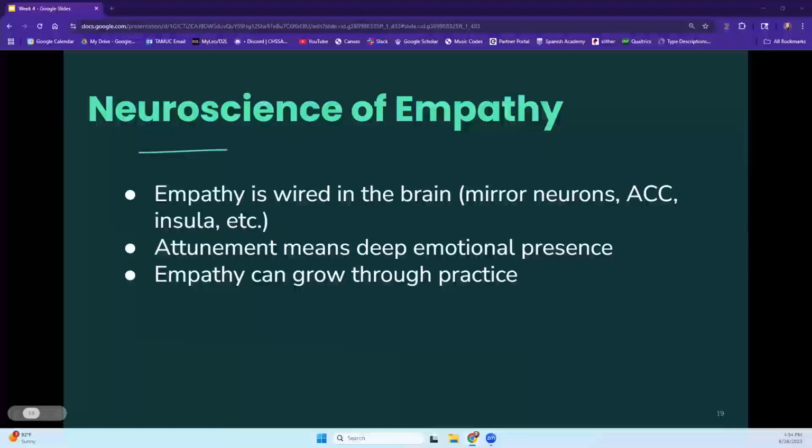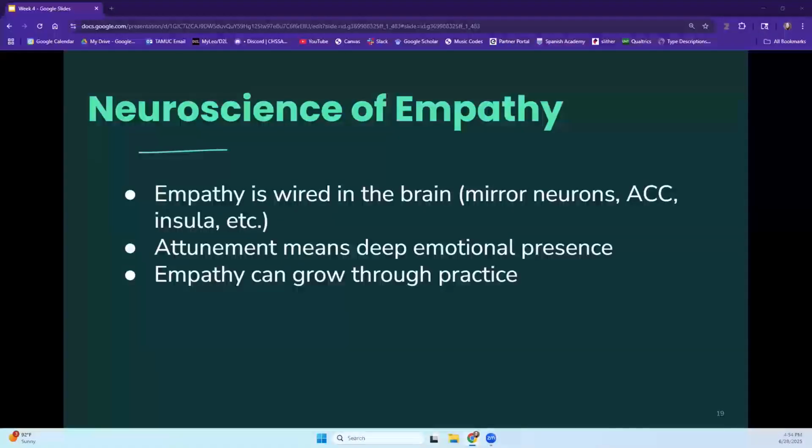Now, I want to stress that empathy is not just a feeling, it's a brain-based skill, right? We've been highlighting that through this whole course so far, the intense connection between emotional intelligence and the way our brains function. I don't want to spend too much time on this because I'm not the brain expert, but I know a little bit, I suppose.